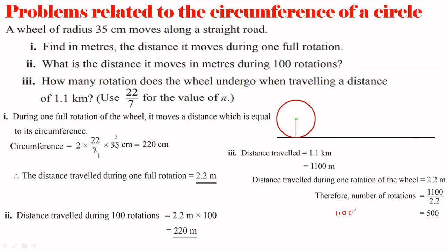You can multiply 2.2 by 10 because we want to convert it into a whole number.